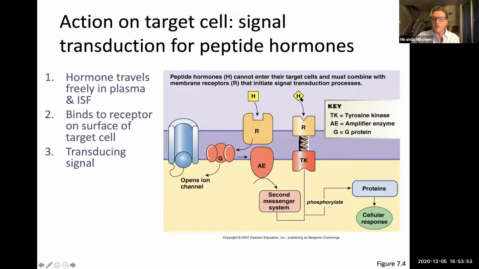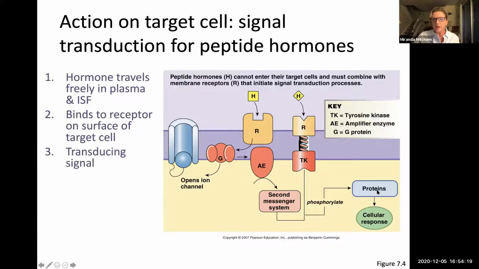In the case of our diamond hormone, it binds its correct receptor and it initiates signal transduction through a tyrosine kinase. Now, all tyrosine kinases do is they lead to the phosphorylation of something. And in this case, it activates a protein that is already made.